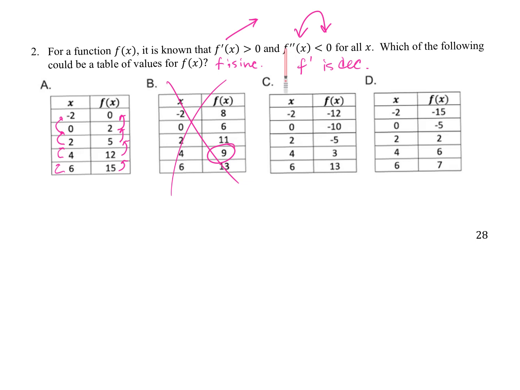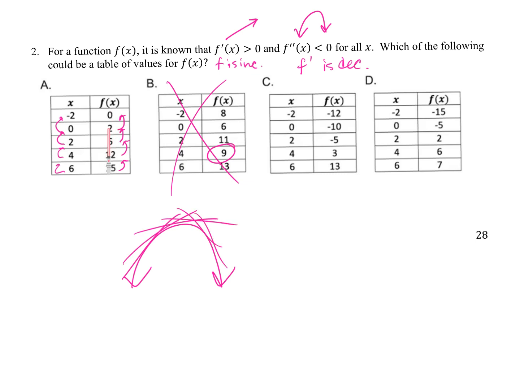Then for my function to be concave down, yeah, the space between them. He's saying that f prime, those slopes, has to be going down. So for my f double prime to be less than 0, my function's got to be concave down. That means my slopes are decreasing. So which one has those y values?